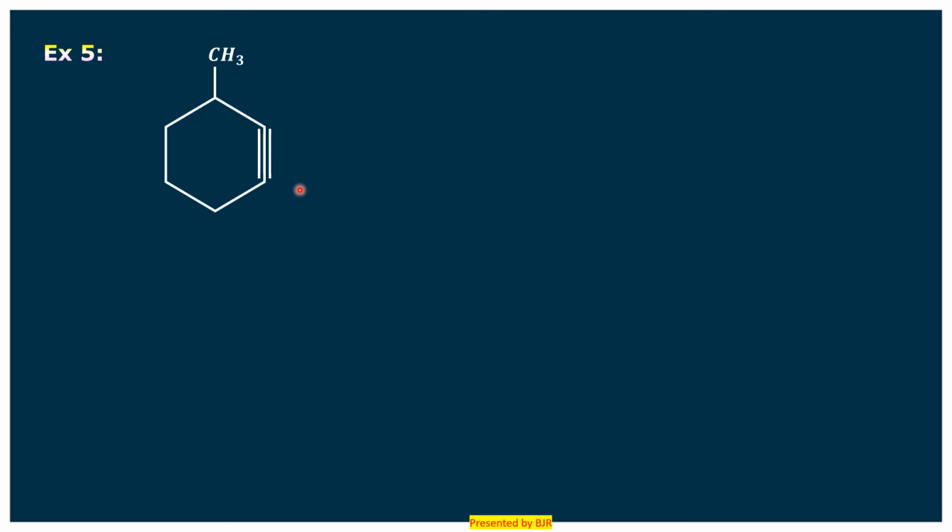Okay, so for that reason I am numbering the ring starting from here, and next preference should be given to the substituents while numbering. For that reason I am numbering these 2 carbon atoms 1 and 2 in anti-clockwise direction. Numbering is done.